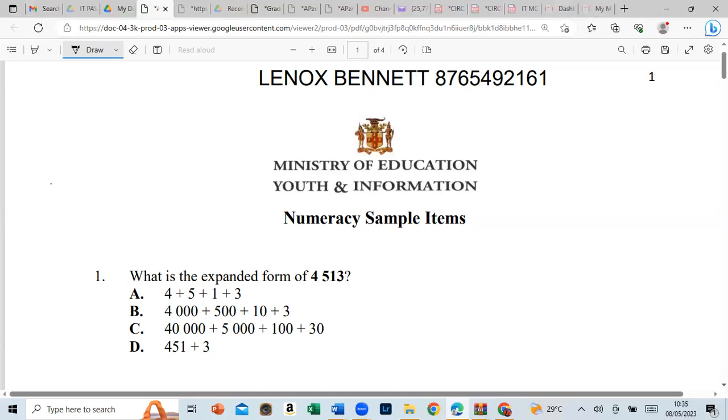What did you guys get? So one thing about expanded form, when you add it up, you should get back this number, right? So if we add 4 and 5, that's 9 plus 1. No, that's not 4,000, right? But B now, if you add 4,000 plus 500 plus 10, that will give us 4,530. So this one would be B.